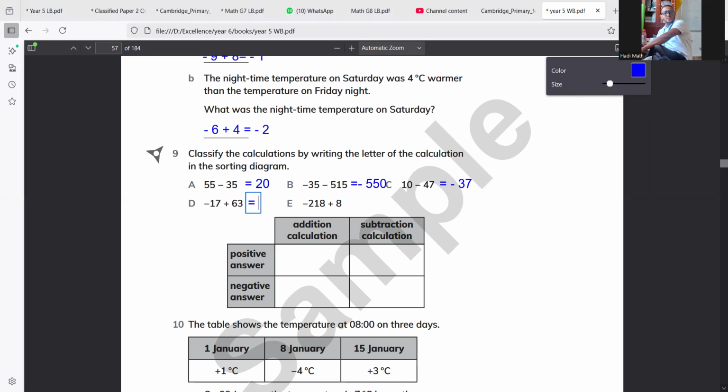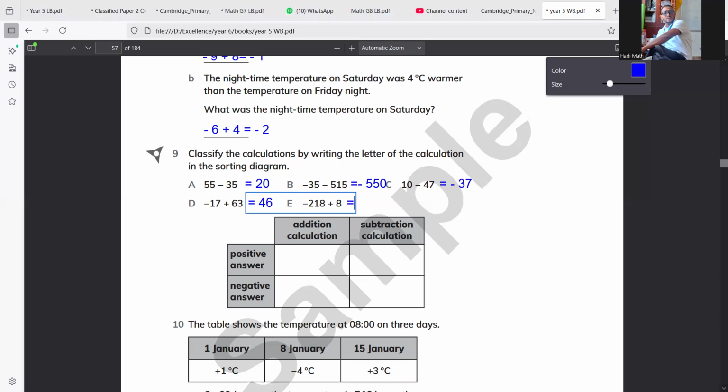You find the difference between them immediately. The difference between them is going to be 46, because 63 minus 17 is 46. And then the sign of the greater one is positive. Look here, this is also like what it is.